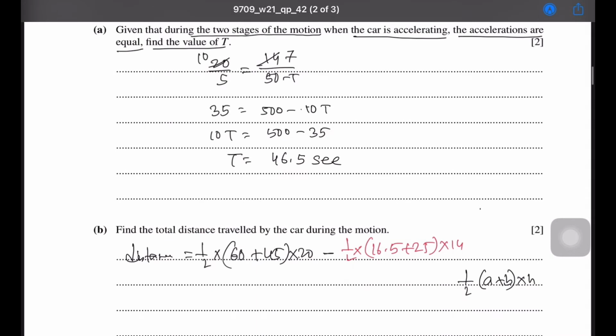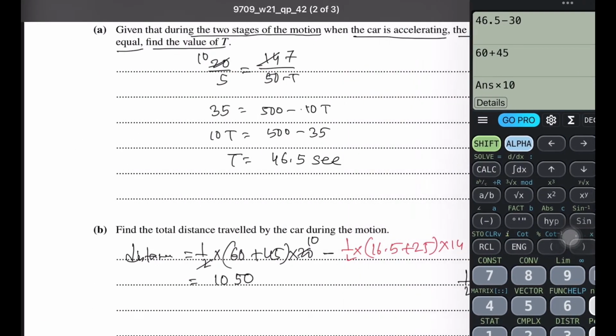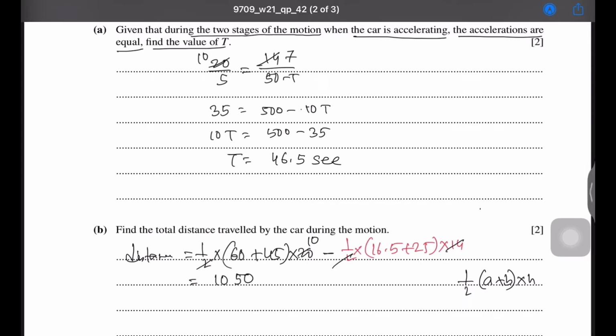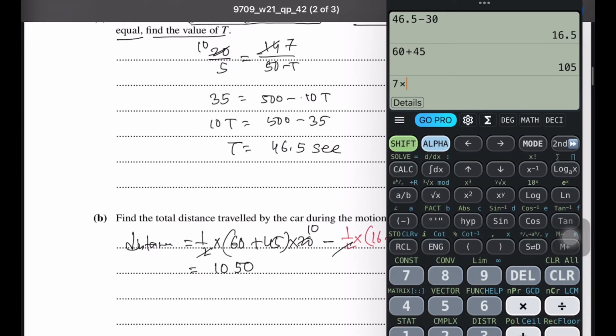So let me simplify now. This is 10. So 60 plus 45 into 10, 1050. Then let me simplify that one. 7 into 16.5 plus 25 closed.